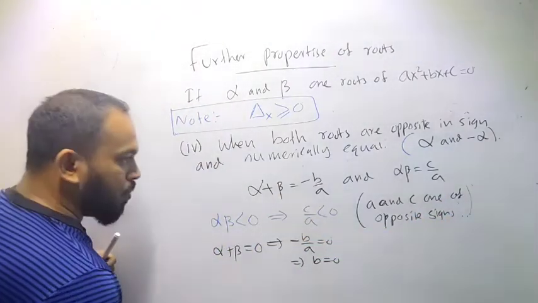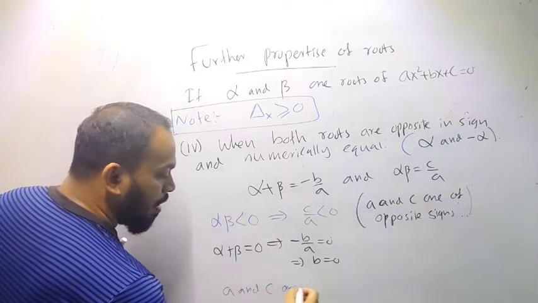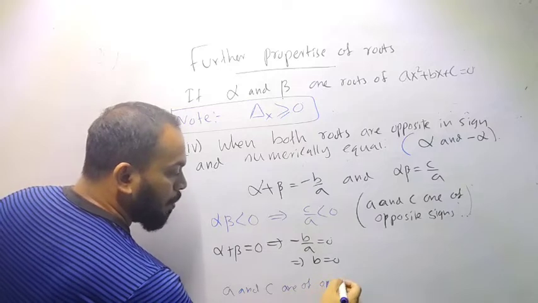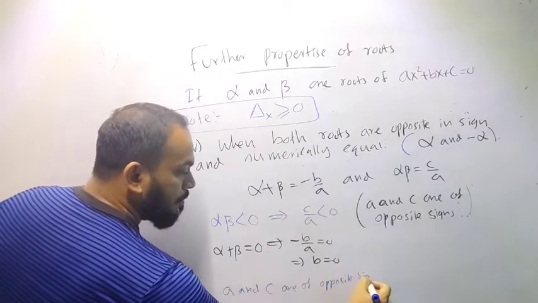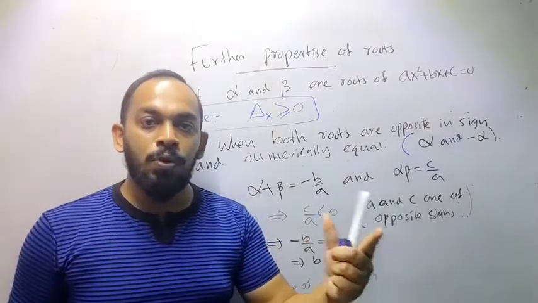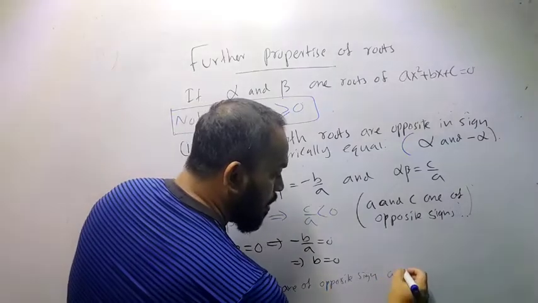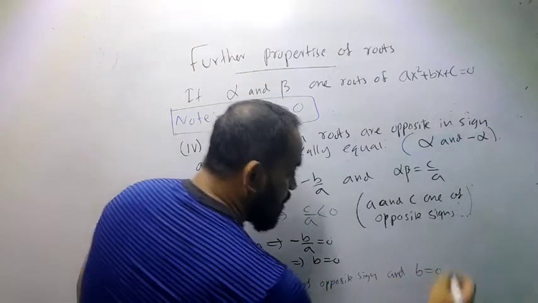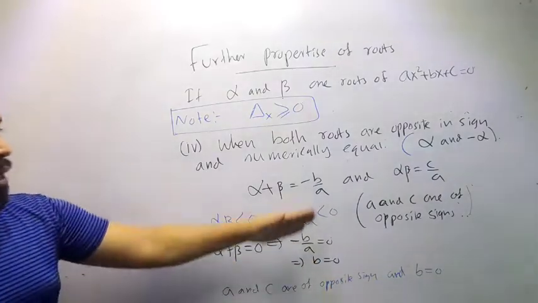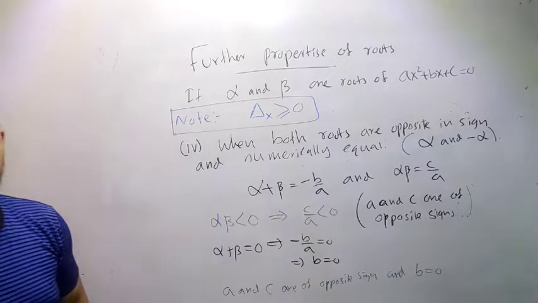For this to be true, A and C are of opposite signs, meaning the roots would be of opposite sign definitely, and B equals 0. So when B is equal to 0, you would get roots that are of opposite signs but equal numerically.